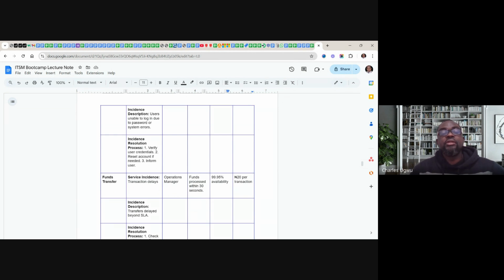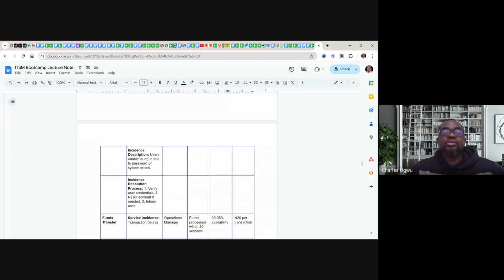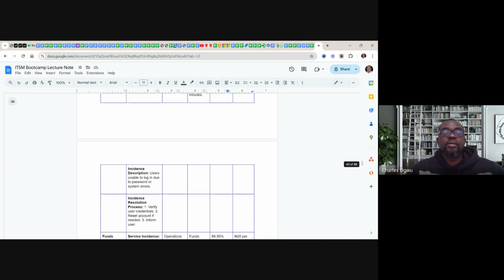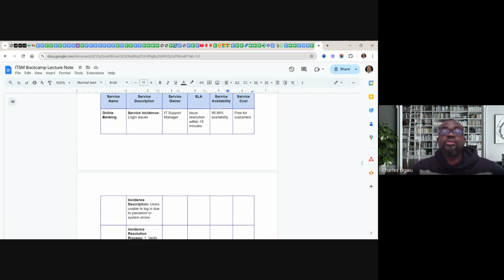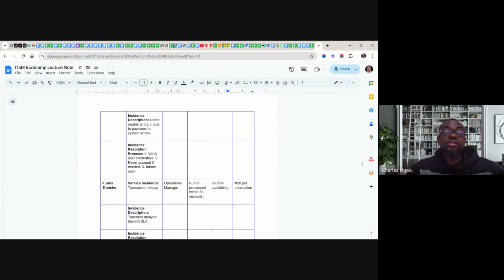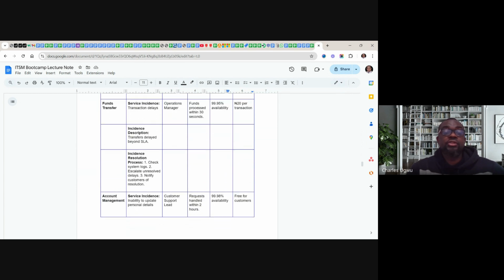You see the incident management is not so detailed here. It's a bit shabby. But the purpose of this is to see that we have different services for different organizations.